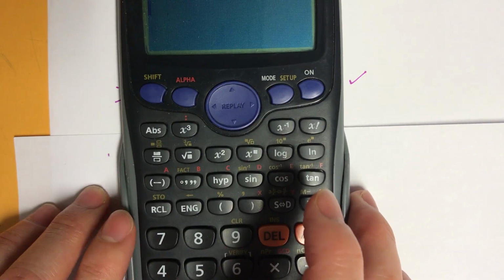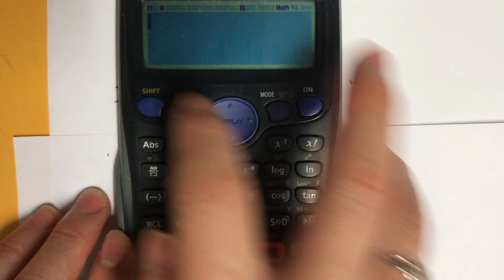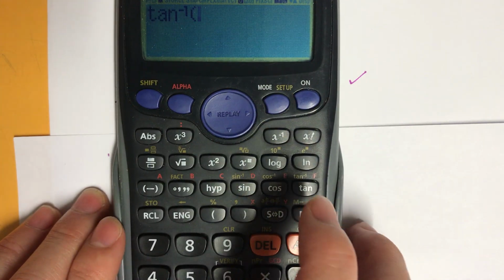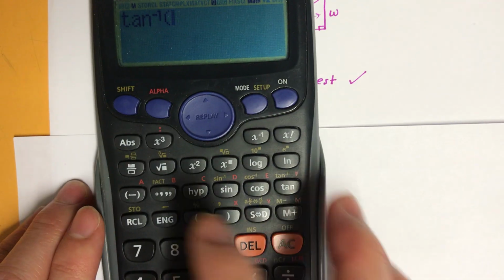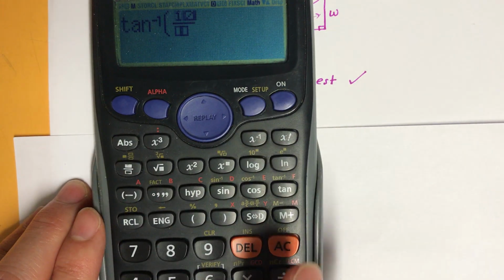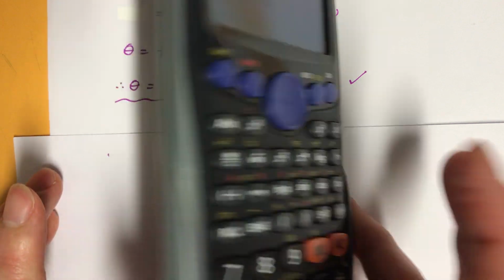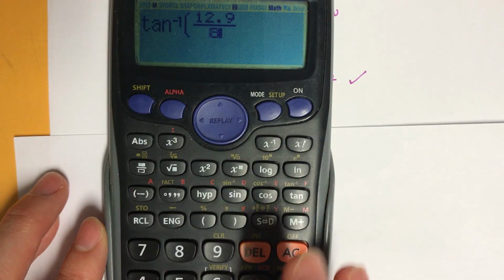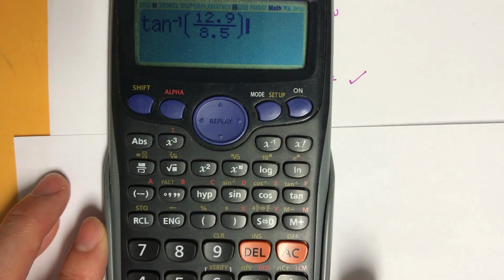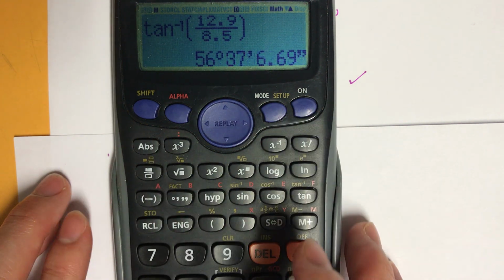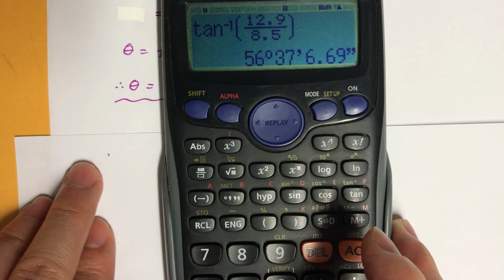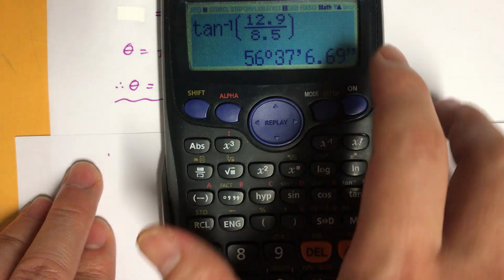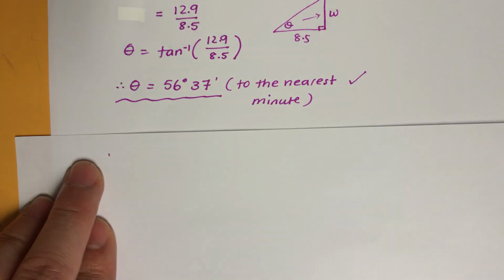So we do shift tan, and use 12.9 over 8.5, close the bracket and press equals. So it'll be 56 degrees and 37 minutes because the seconds are less than 30.